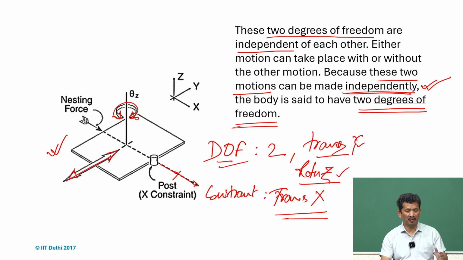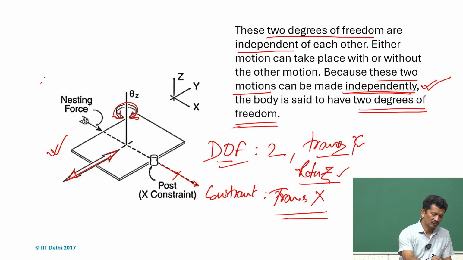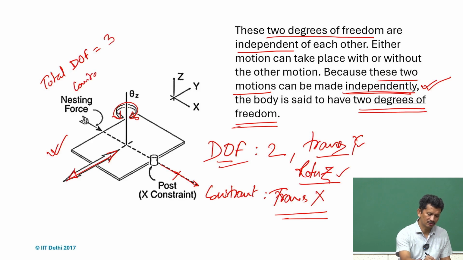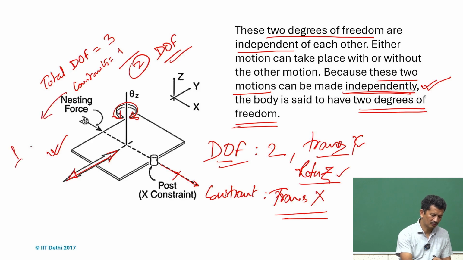So, in the planar case, a total of 3, minus 1 constraint, and therefore, we have 2 degrees of freedom in this case. 1 constraint because of 1 contact.